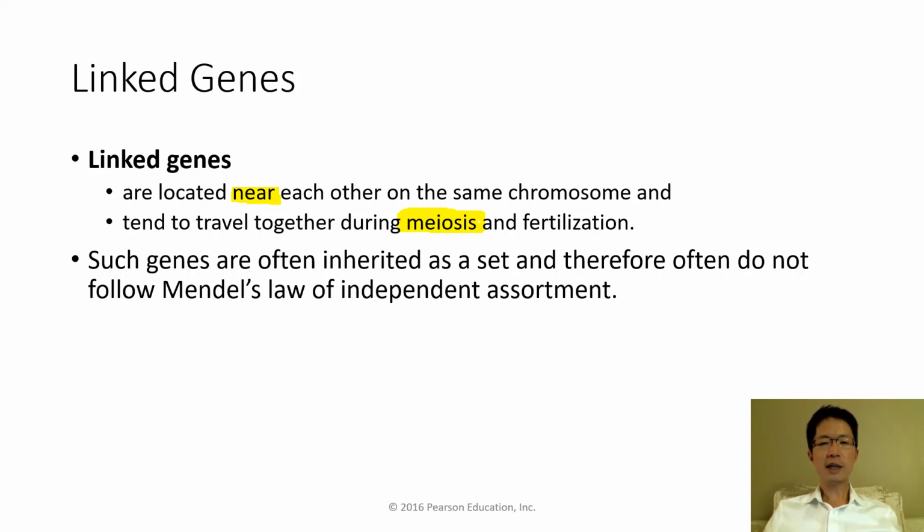If the genes are linked, usually during crossover, the two genes will go to the homologous chromosome together. They move together. That's why they are said to be inherited as a set, and they do not follow independent assortment.